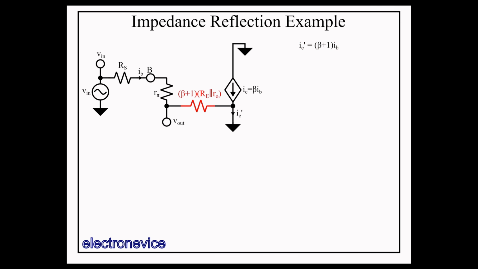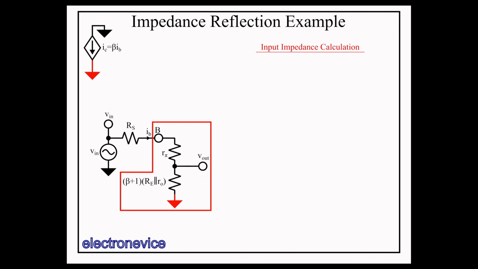Once we're at this point, we can see that, similar to the output impedance measurement, we can separate the resistances on the input from the current source into these two circuits. Recall that input impedance is the impedance as seen after the source resistance, and so the input impedance is just this simple resistance combination we see here.